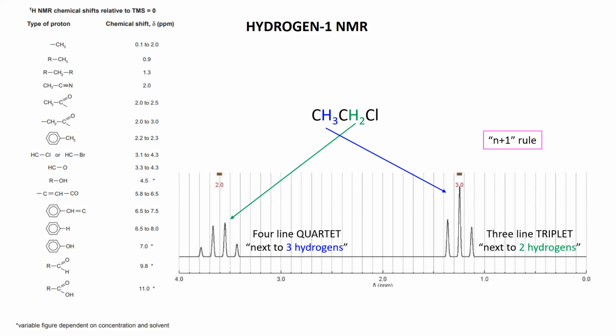Okay, and so we get the so-called N+1 rule: when you're looking at a high resolution NMR spectrum, the signal for a particular hydrogen is going to be split into different signals based not on what it's doing, but on what the carbon next to it is doing. So this carbon is next to 3 hydrogens, and so we get 3 + 1, or 4.